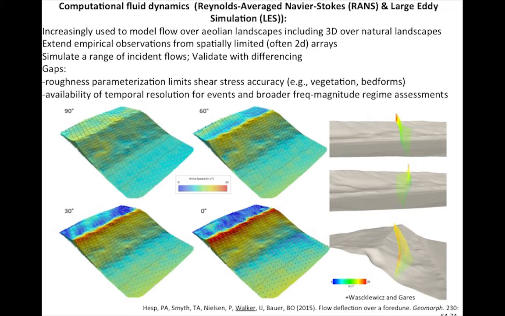They have eight years of data coming from the Cape Cod work. One of the points Ian mentioned was that the roughness parameterization is quite accessible with the high resolution data, but it really controls the shear stress accuracy. So how do we deal with the vegetation and the bedforms? You can see them in this calculation.